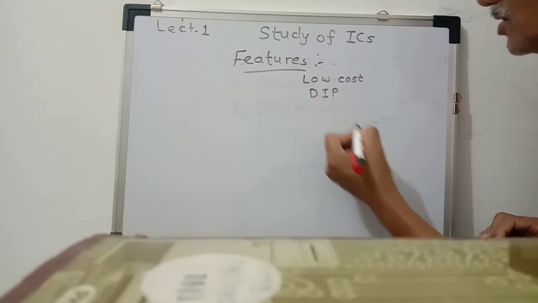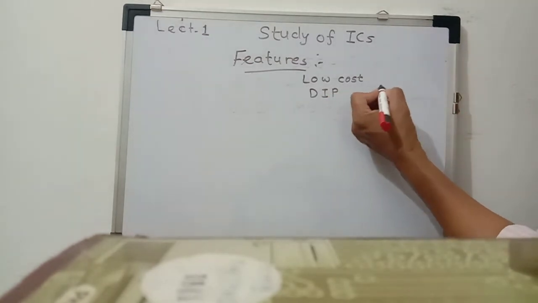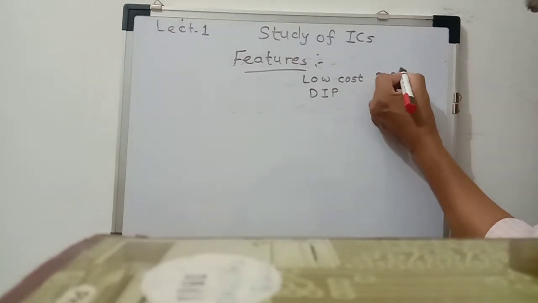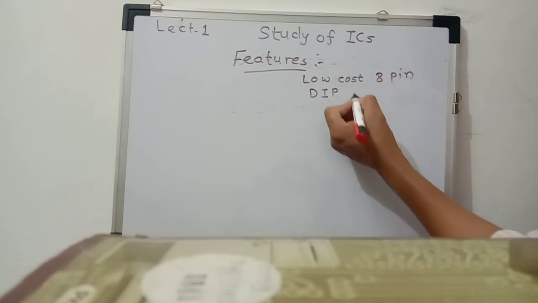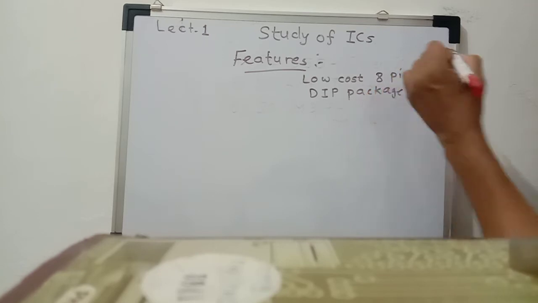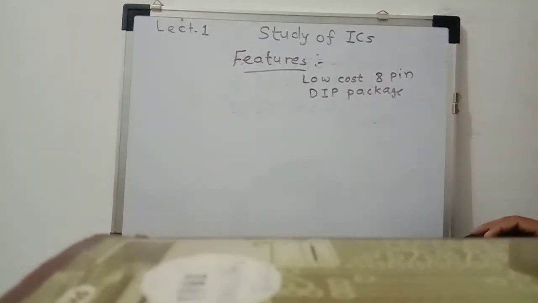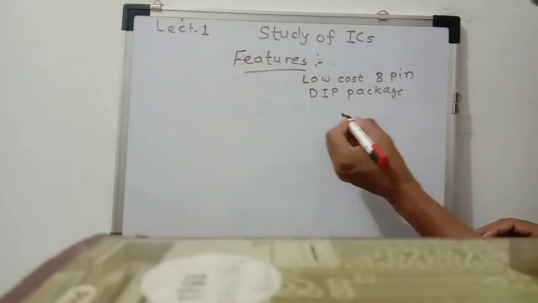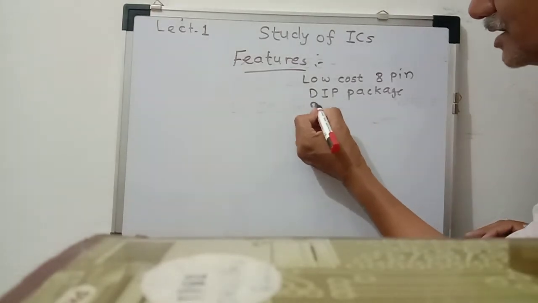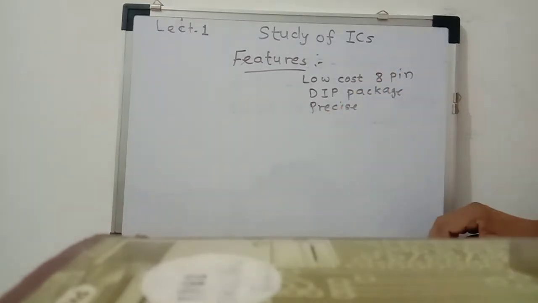DIP means dual inline plastic package. It is a low cost 8-pin IC. It provides precise time delay. Precise means accurate.